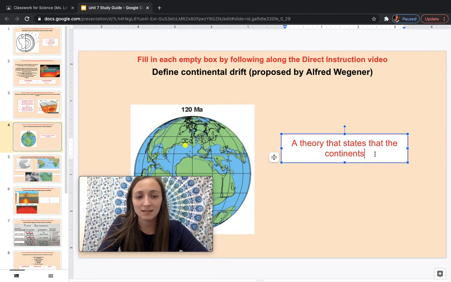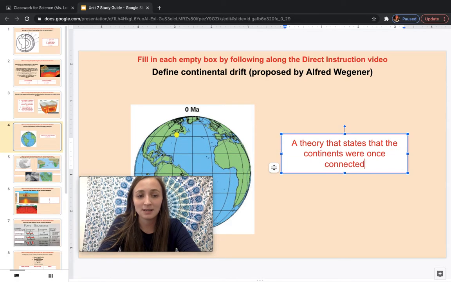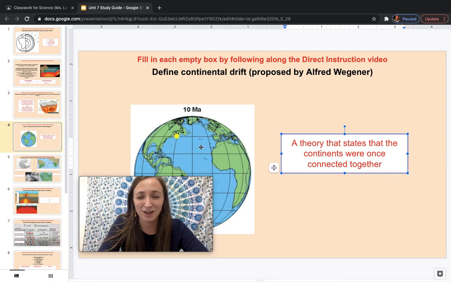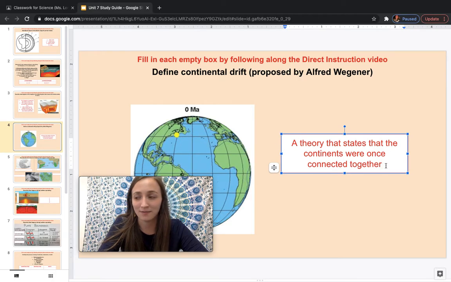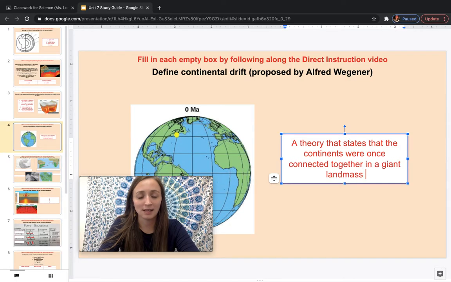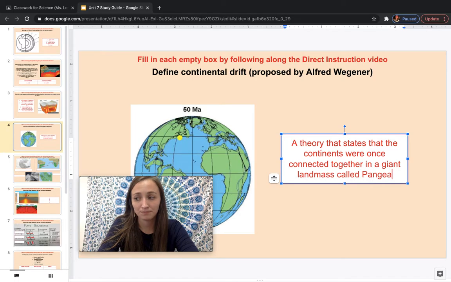It's a theory that states that the continents were once connected together, so they used to all be one massive continent instead of the separate continents that we have today, in a giant land mass, just one piece of land called Pangaea.